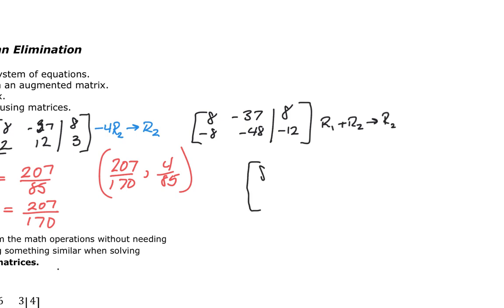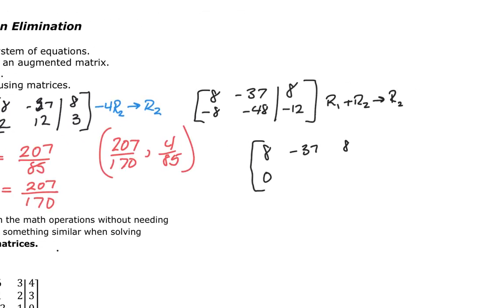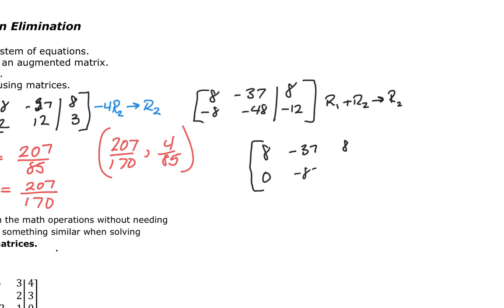And when I did that, I had 8, negative 37, and 8. This became 0. And then, what did I get that to be? Negative 85, and then I had negative 4. And so this is where I was when I found that addition of those two equations.